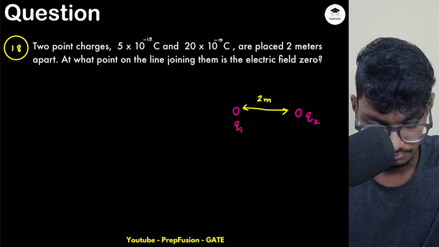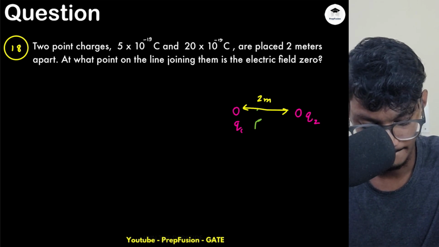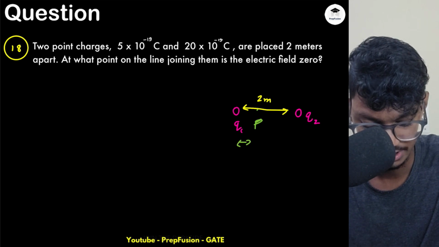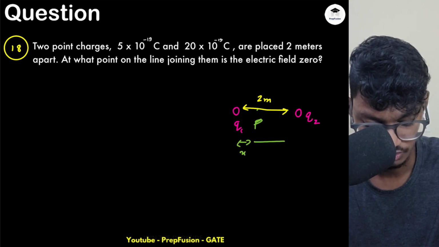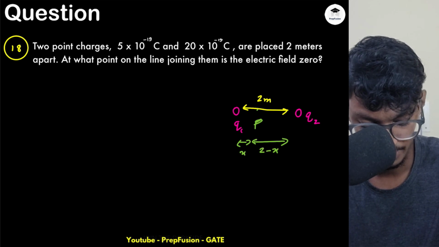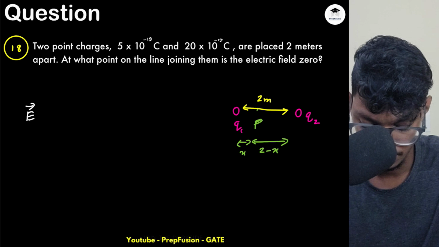At what point will the electric field be 0? So I will assume a point, let's say this point, where the electric field is 0. Let's assume this distance as x. So the remaining distance will be 2 minus x.